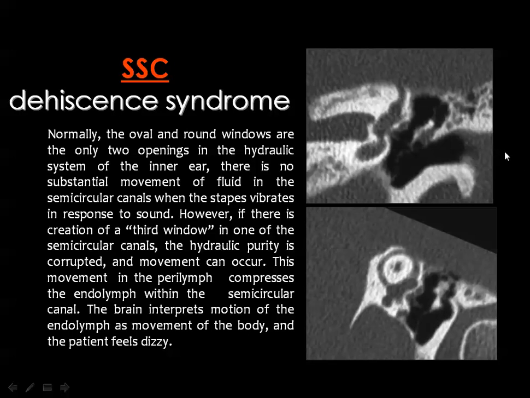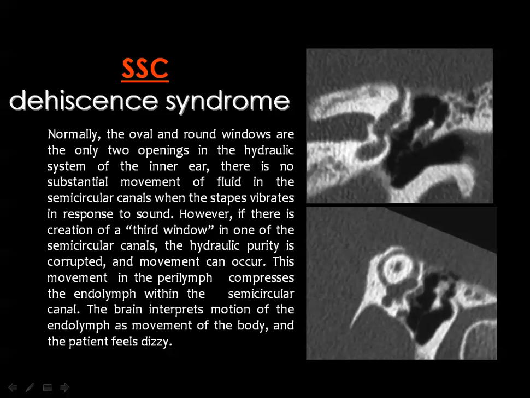You know that the sound waves that come to the external auditory canal affect the eardrum and the ossicles, which will transmit the sound waves to the oval window. And then the oval window will transmit the sound to the fluid in the vestibule, and then to the cochlea, which will be decompressed at the round window at the end of the cochlea.